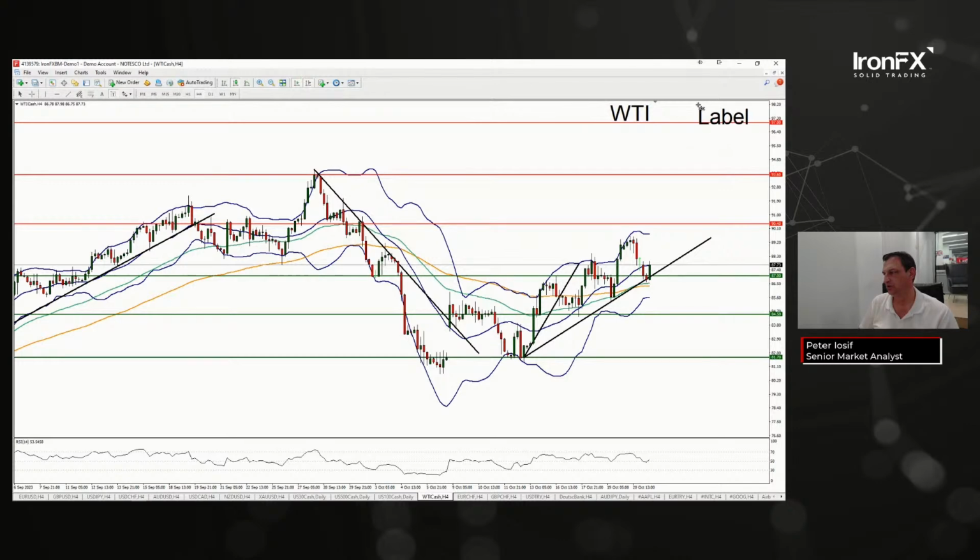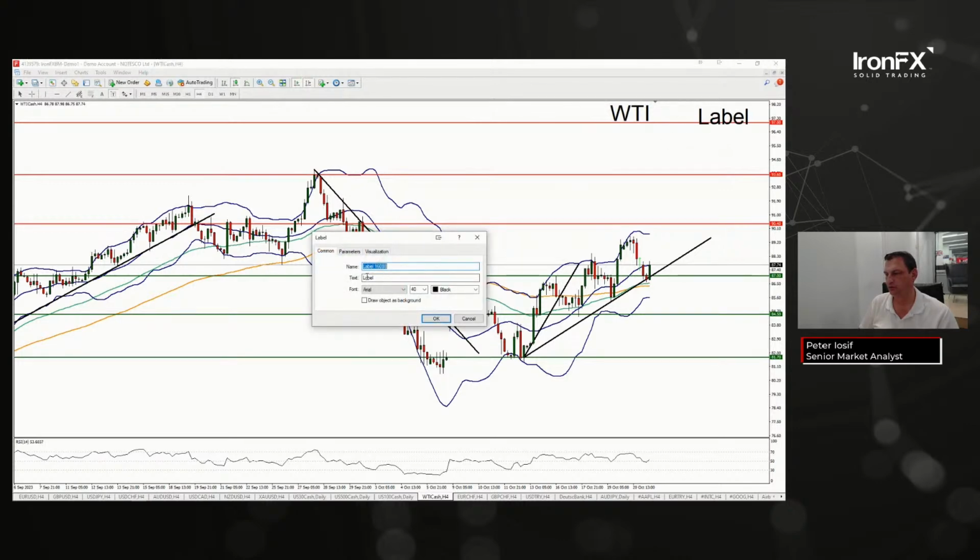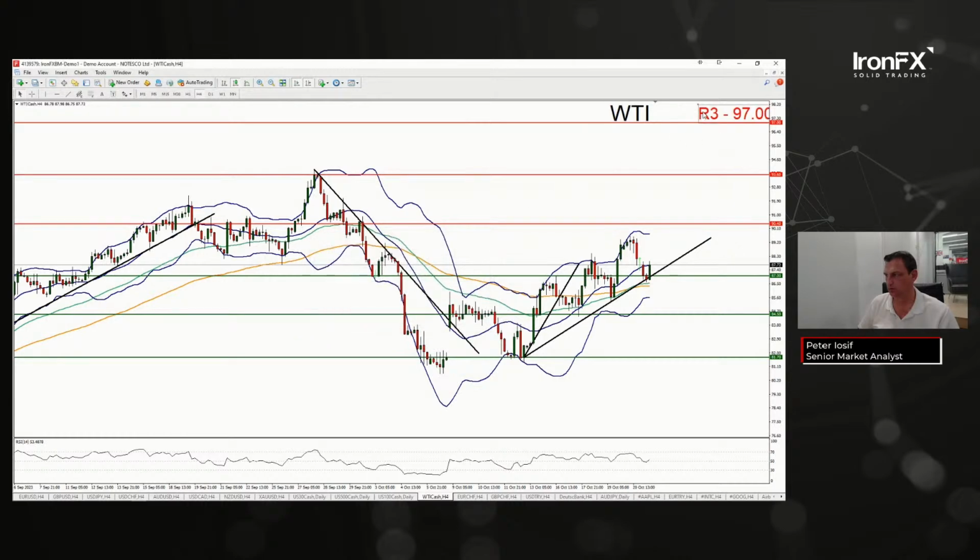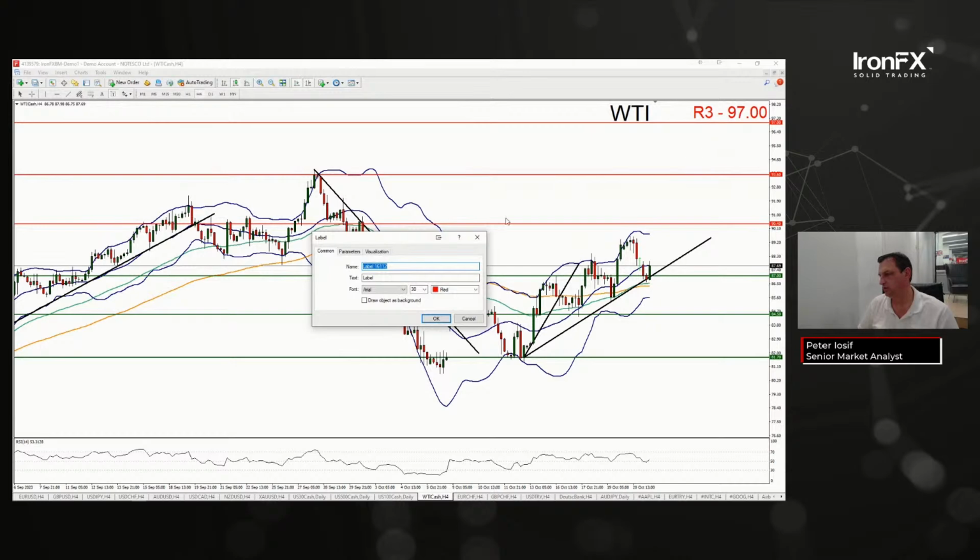Starting with the R3 at 97, in red. Moving now to the R2, 93.60.